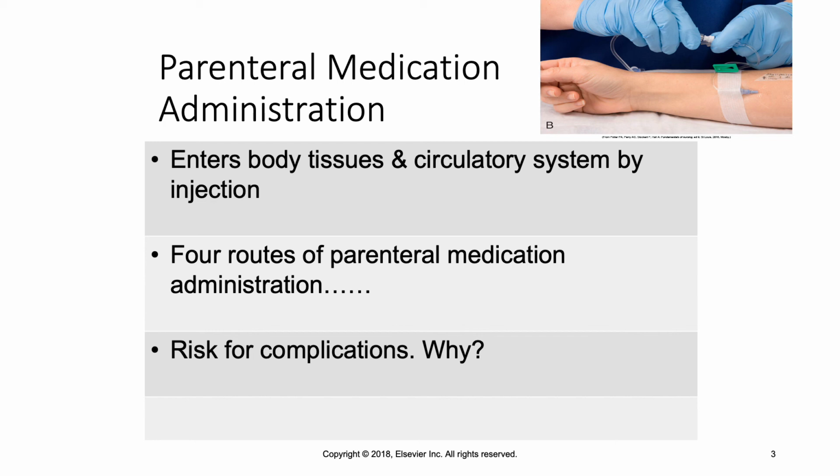And when it comes to IVs, if we are trying to give a medication through the IV and the IV catheter comes out of the vein, there's a possibility that that medication or that fluid can go into the surrounding tissues and cause tissue damage. So those are some things we want to be aware of.